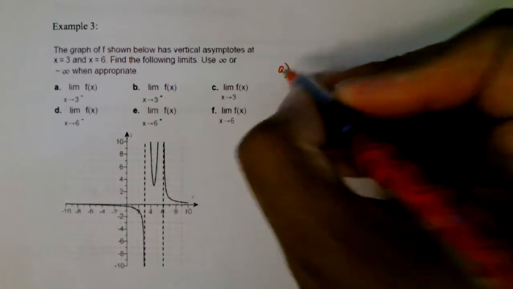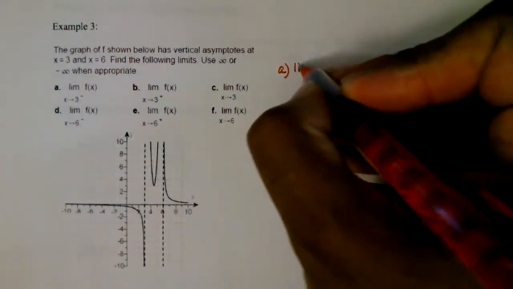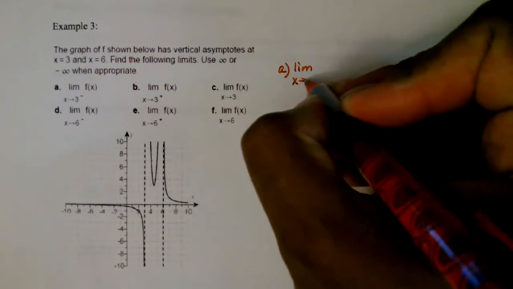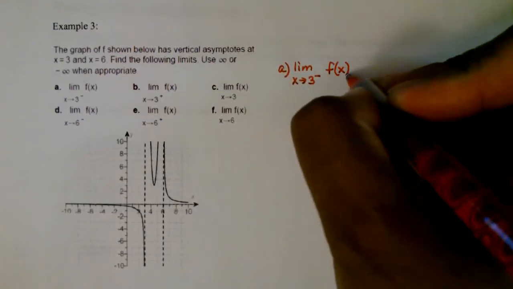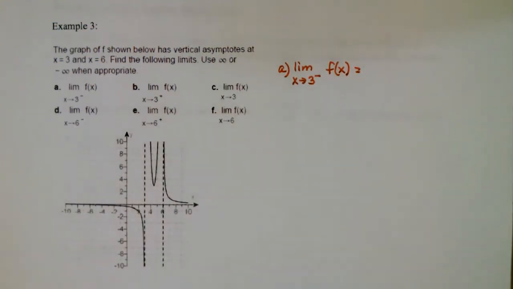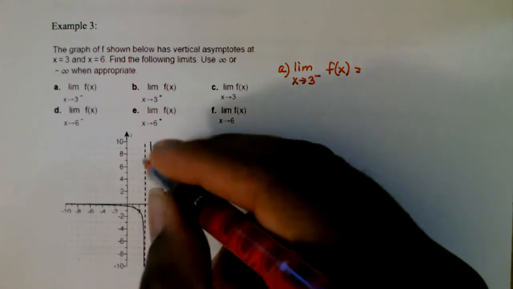So starting with part A, I want to find the limit as x approaches 3 from the left of f of x. So here's 3 right here. That's where the vertical dotted line is.